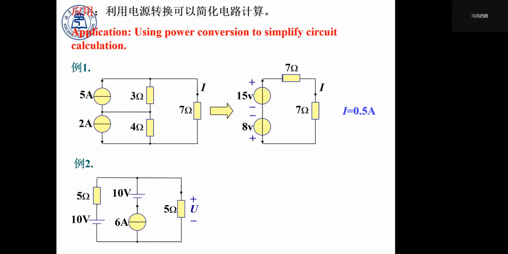The second one, you see that we have cells together, and the other one has a voltage source, both on this 5 ohm, that is kind of awkward.